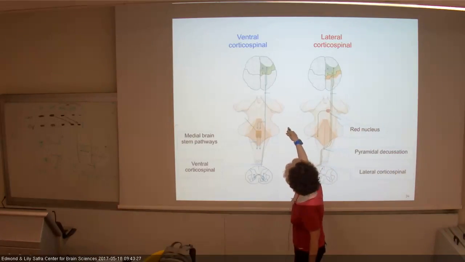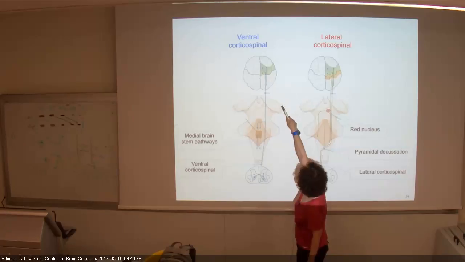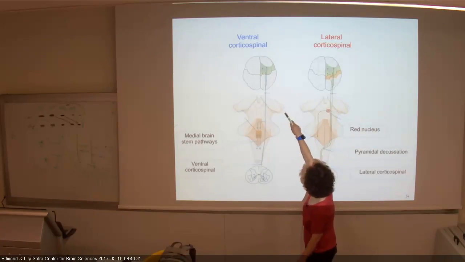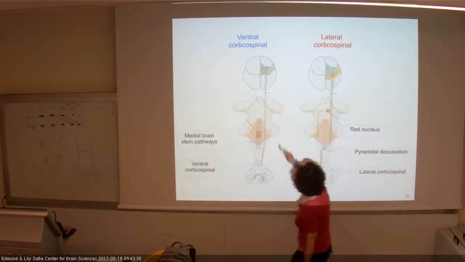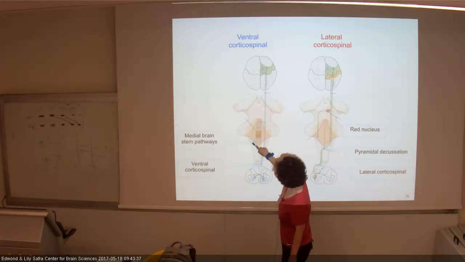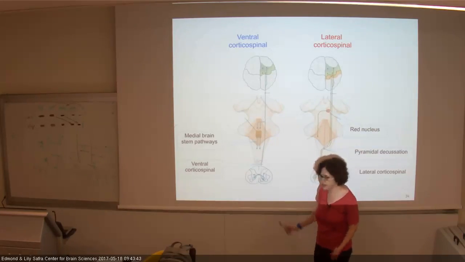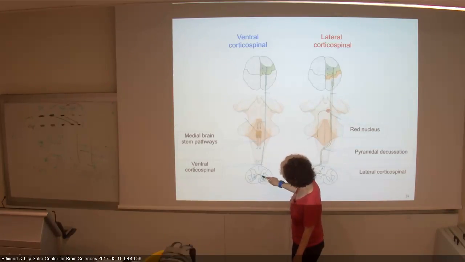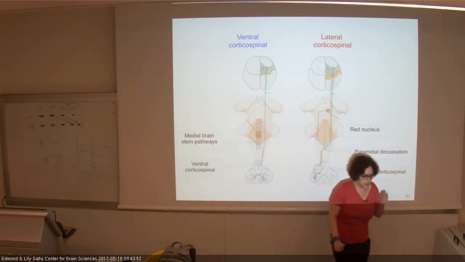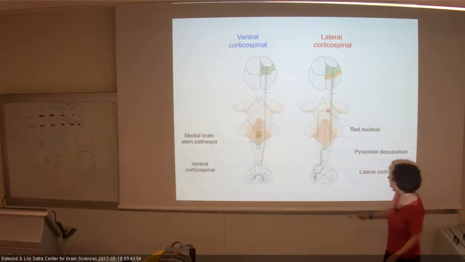The ipsilateral, which is the ventral corticospinal, originates in area 4 and area 6, motor and premotor cortex. It doesn't have this contralateral projection. It's completely ipsilateral, and it sends information collateral to the medial brainstem pathways, and its termination is mostly on the medial part of the spinal cord.